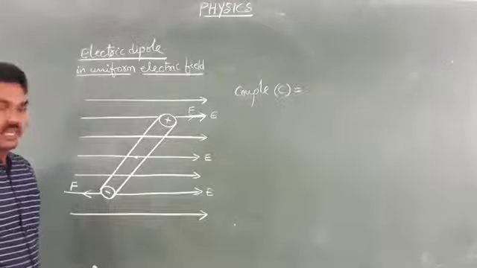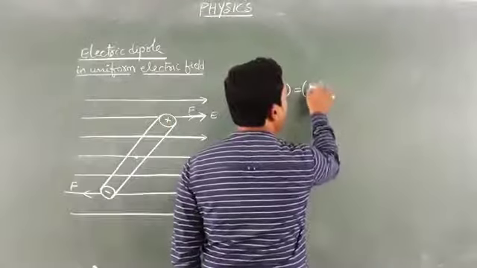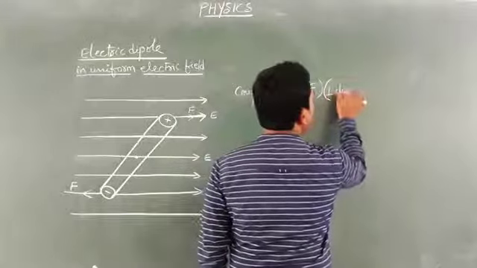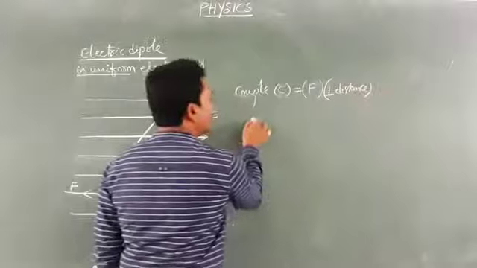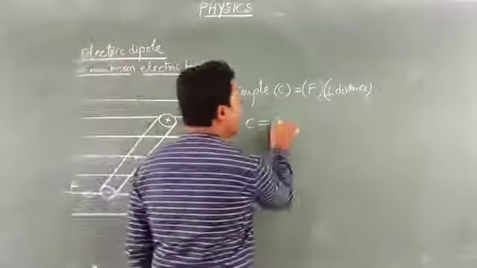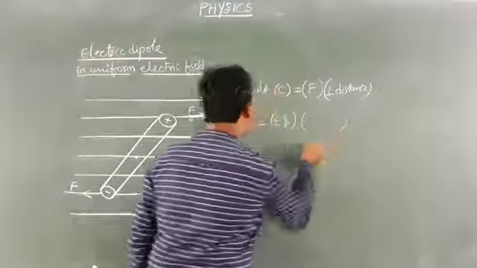The couple is measured as the product of one of the forces, since they are equal in magnitude, and the perpendicular distance between the two equal forces. So the couple C equals one of the forces, F equal to EQ, into the perpendicular distance between the two forces.